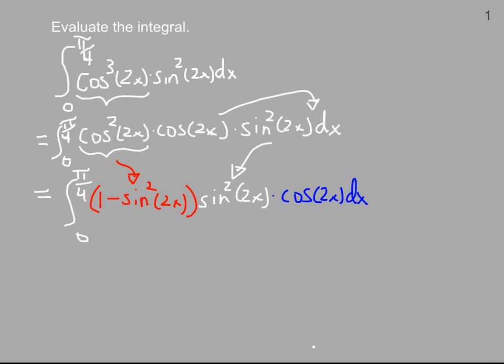If we let u be the sine of 2x, then du is twice the cosine of 2x dx. Oh man, I'm running out of room.